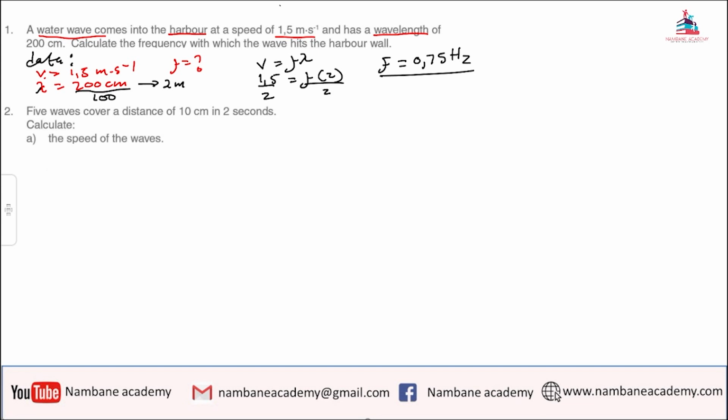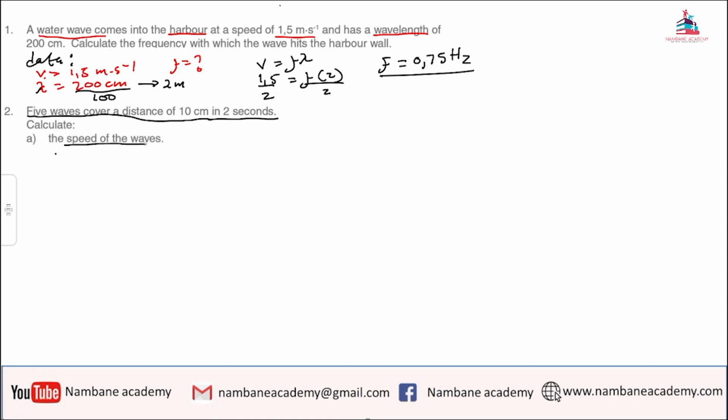Data that was written. And now at number 2, 5 waves cover a distance of 10 centimeters in 10 seconds. Calculate the speed of the waves. Let's write down the data.